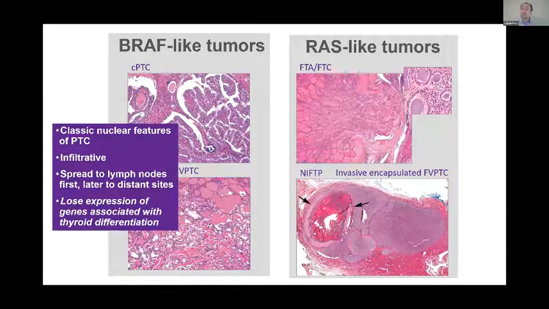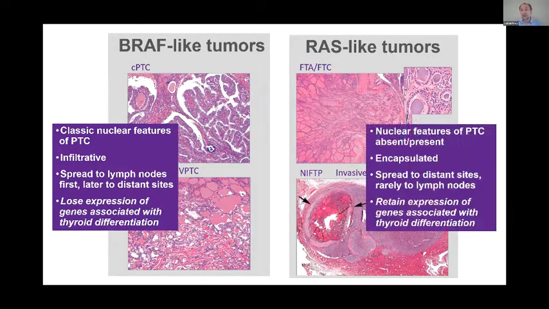They grow pushing into the adjacent normal parenchyma, and importantly, they invade blood vessels and metastasize to distant sites, and extremely rarely to lymph nodes. Again, they are encapsulated tumors, and importantly, they retain expression of genes associated with thyroid differentiation for a long time.